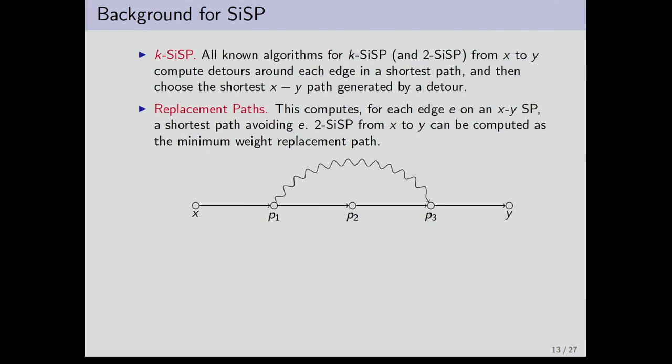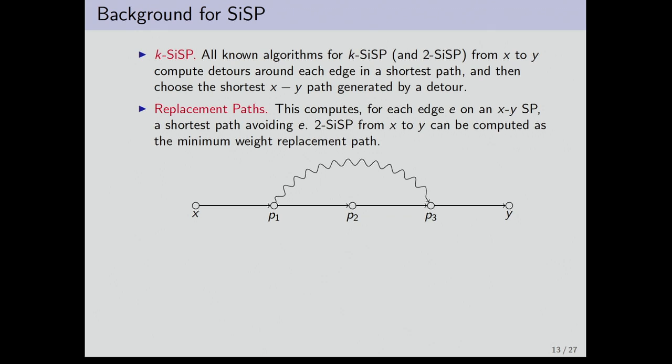So, what is the shortest path in the graph from x to y if I remove a particular edge along the path? And you find that path for each edge along the path, and then take the minimum weight path among this collection as the answer for 2SISP, and this can be actually extended for any k.